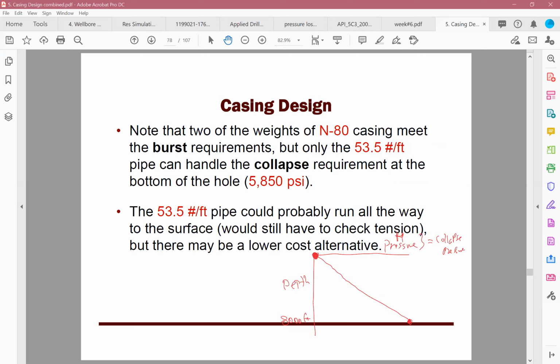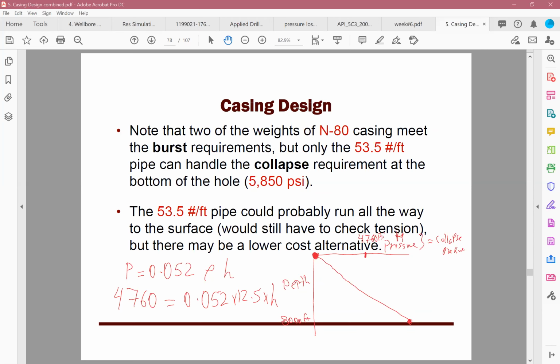Treat H as a variable in your hydrostatic pressure equation and set it equal to the lower one. Okay, so you mean that I put the 4,760 on the right-hand side, and then say 0.052 multiplied by 12.5 multiplied by H, right? So what it means is that I have a casing whose collapse resistance is 4,760 psi.